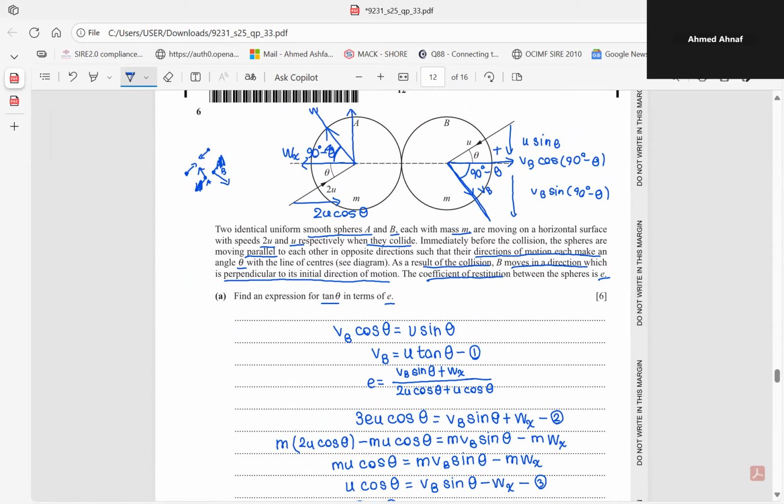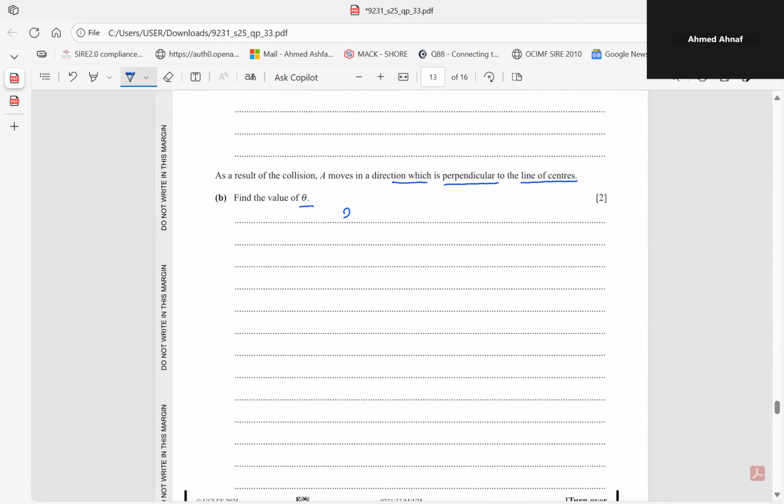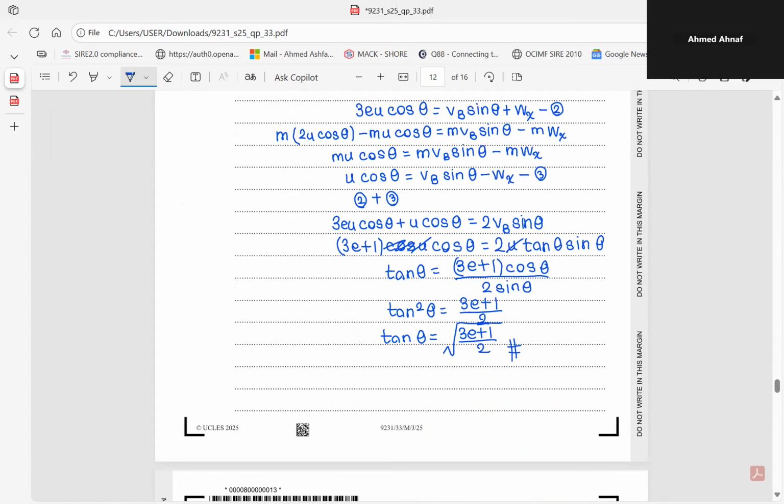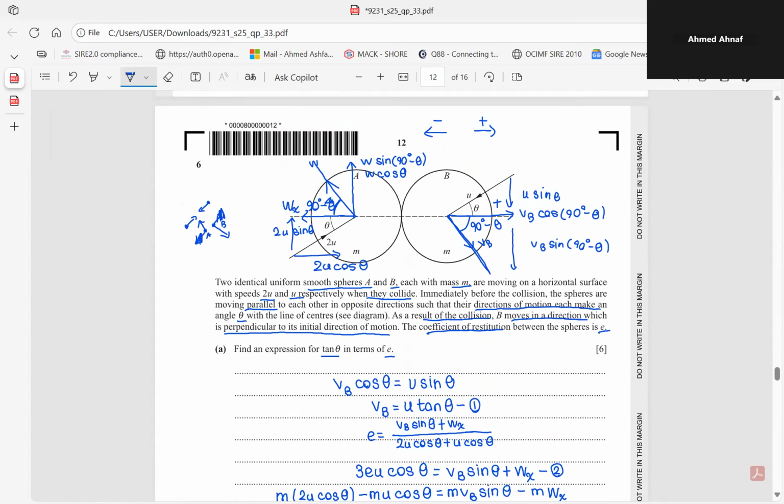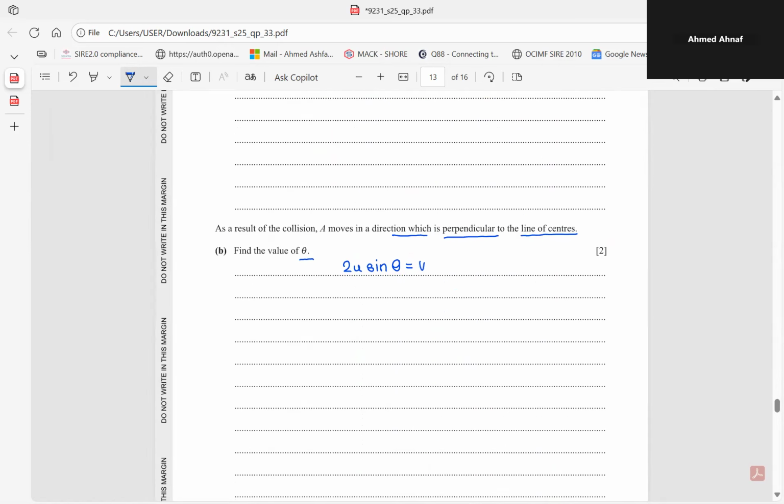So this would be W sine of 90 minus theta, which is the same as W cosine theta. So we're going to equate it with 2u sine theta. 2u sine theta would be equal to W cosine theta.